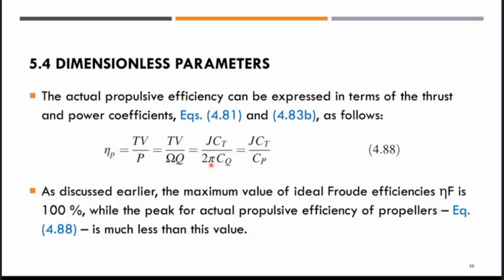So you can put down all the parameters over here, right? So the propulsive efficiency zeta P can be expressed as J CT over CP. As discussed earlier, the maximum value of ideal fluid efficiency zeta F is actually 100%, while the peak of the actual propulsive efficiency, equation 4.88, is normally less than this value.